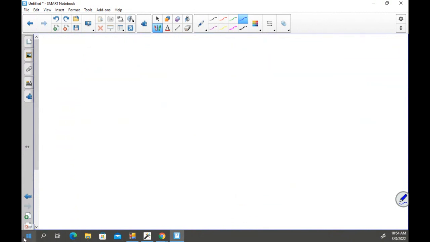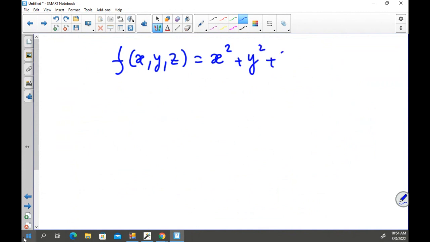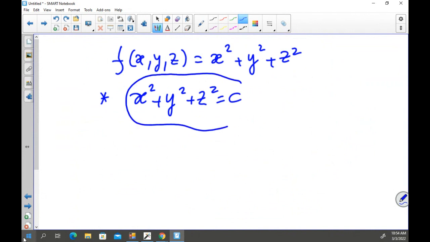If in 3 dimensions, I could give you f of x, y, z. I think we did something like this before, x squared plus y squared plus z squared. Here we talk about level surfaces, not level curves. These are surfaces. So x squared plus y squared plus z squared equal to c. What is this shape? It's a sphere.